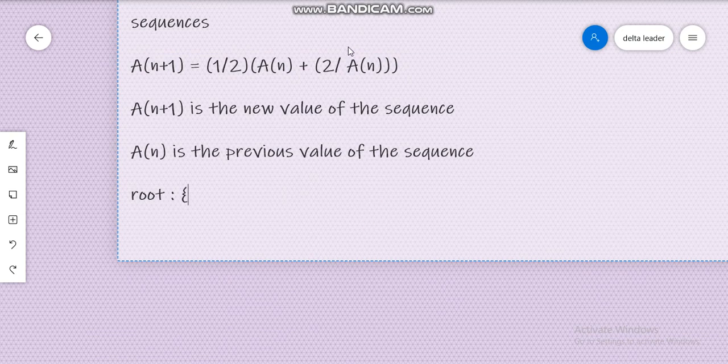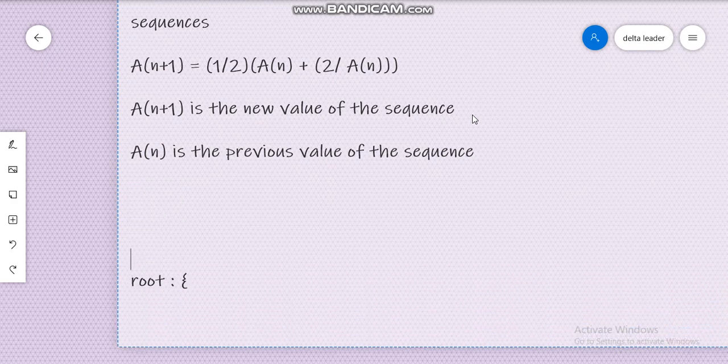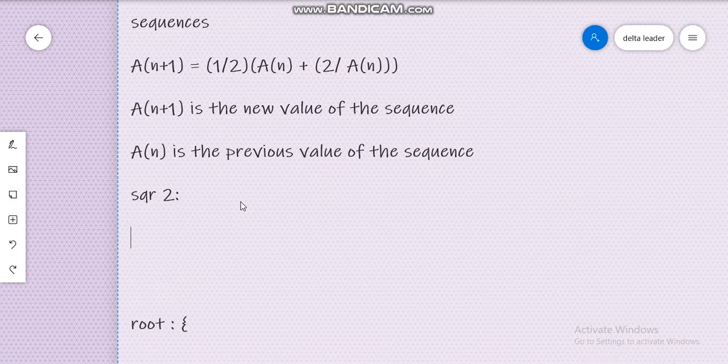As said in the formula, we should have a guess to find our first value. Here we want to find out the square root of 2. Let's abbreviate the square root as SQR. We want to find out the square root of 2 using the Sir Isaac Newton method.